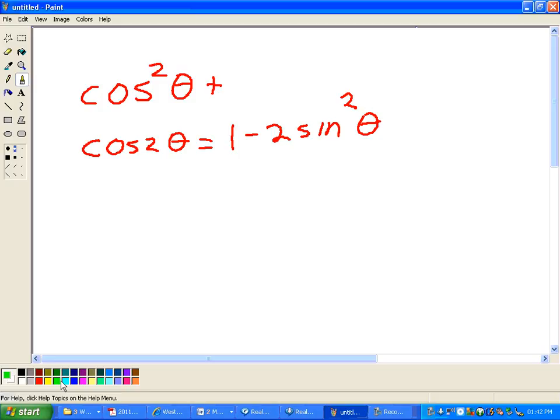And the basic reason I write that down is I don't have my identities memorized. So this will equal a half angle.